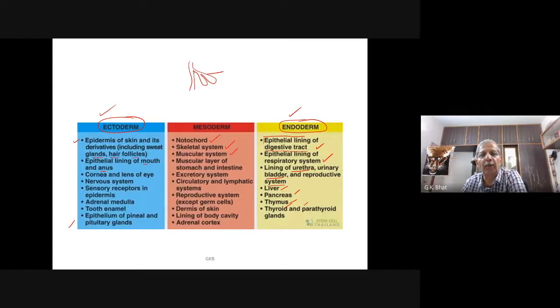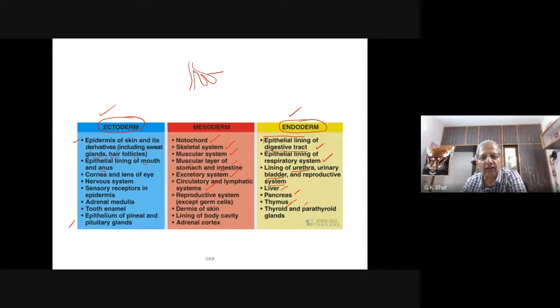Muscular layer of stomach and intestine, again muscles, mesodermal derivative. Excretory system ducts are endodermal derivative, but the kidney is mesodermal derivative. Heart and the circulatory and lymphatic system, mesodermal derivative.